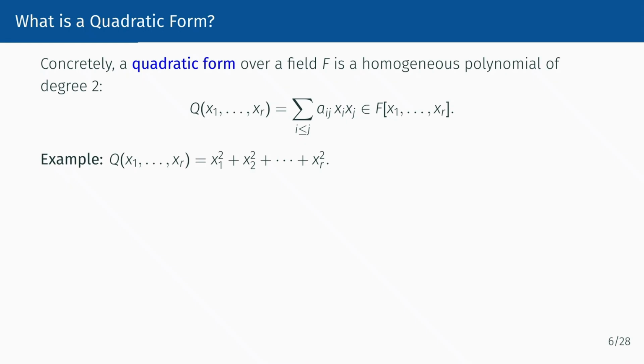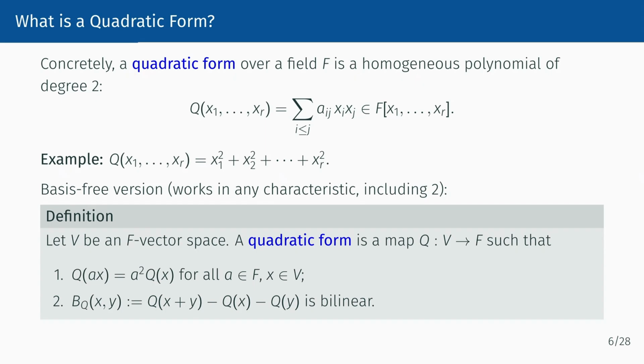So we've seen that a quadratic form is a quadratic polynomial in many variables. There's also a basis-free version that I present here, that basically tells you that when you multiply by a scalar, this scalar acts quadratically, and that this associated bilinear form that we saw earlier is bilinear.